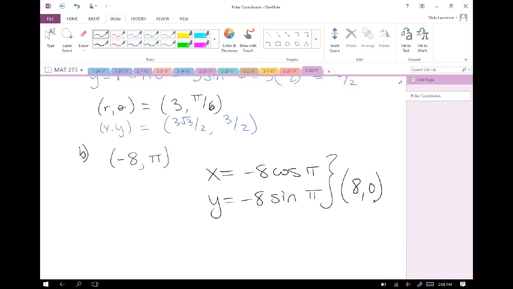So we go to the right. That's why it's over on the positive x-axis at 8. If it was positive 8, pi would be at negative 8. So the xy point is 8. Negative 8, pi is the r theta, 8, 0 is the xy.